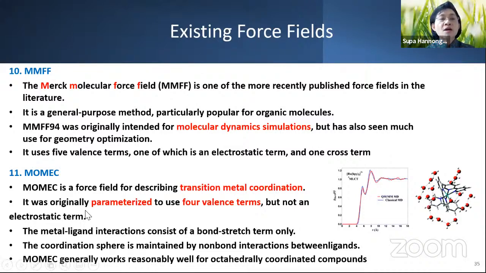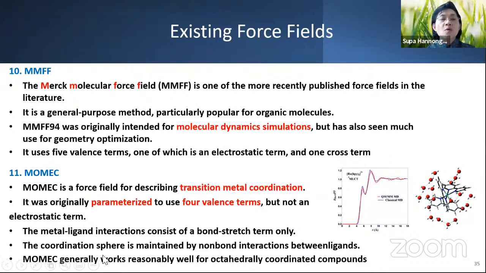It was originally parameterized to use 4 valence terms, but no electrostatic term. And for the metal-ligand interactions, it consists of the bond stretch term only. This is the cross term, bond stretch. And the coordination sphere is maintained by non-bonded interactions between the ligands.